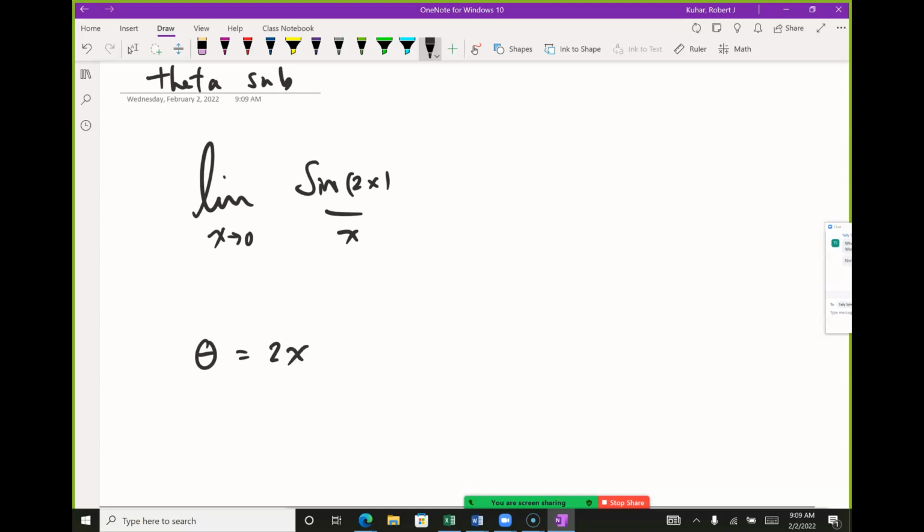And it's really important that you see that the limit of theta as x goes to 0 is also 0, right? Do you see that? Because it's just 2x, right? 2 times something really close to 0 is close to 0. So theta is going to 0 here, right?